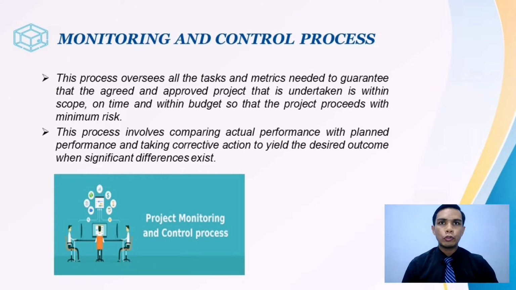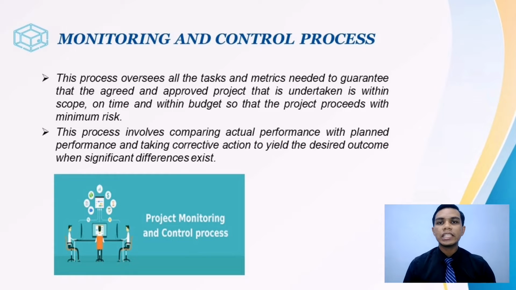Monitoring and control process. This process oversees all the tasks and metrics needed to guarantee that the agreed and approved project being undertaken is within scope, on time, and within budget, so that the project proceeds with minimum risk.